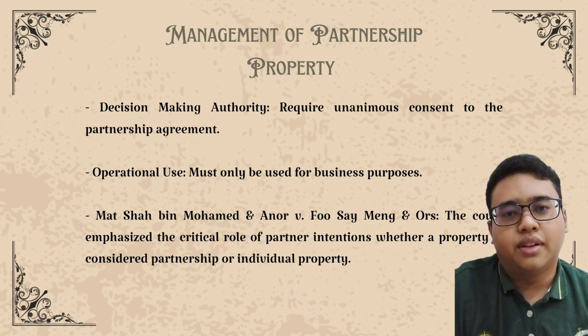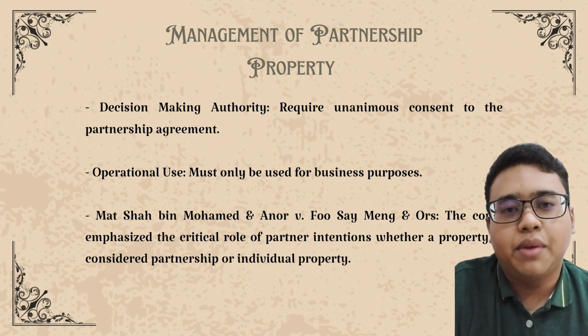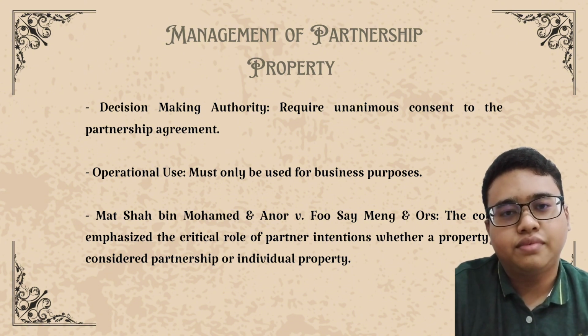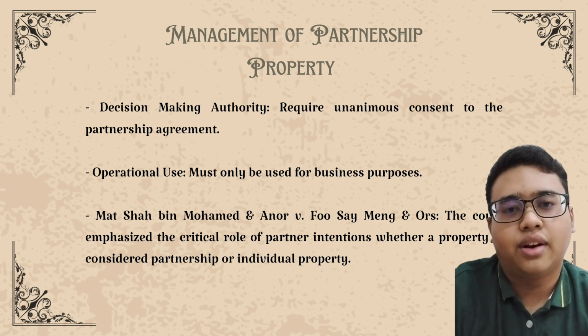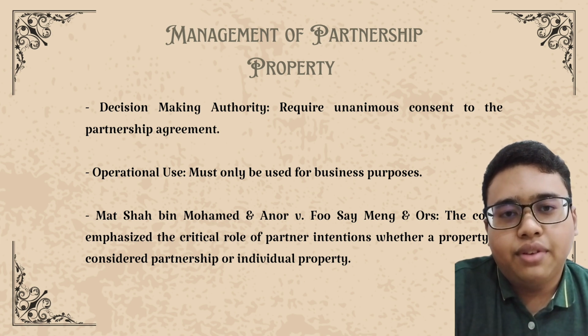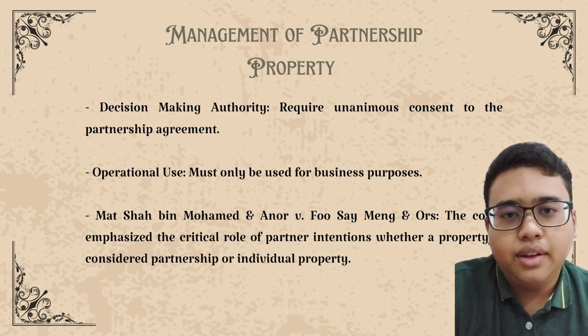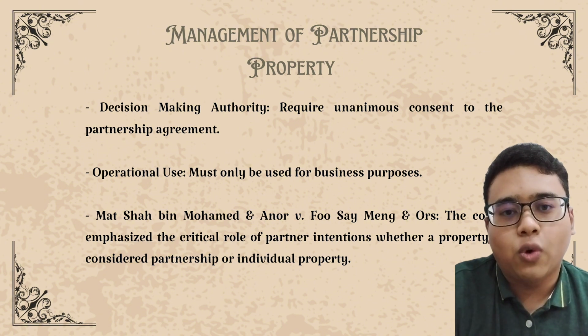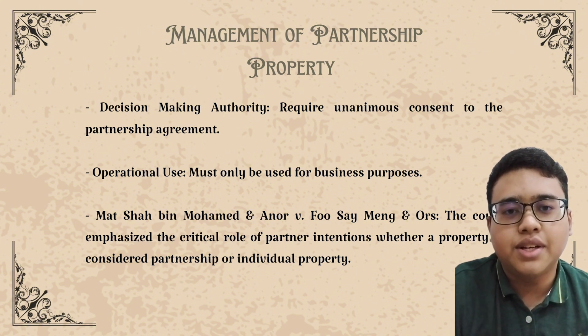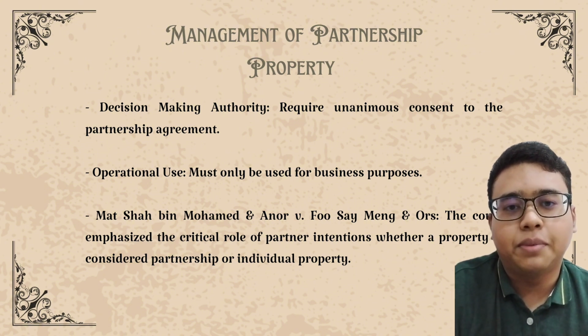Case example: in Mat Shah bin Muhammad Anwar versus Pu Saiming and Ors, the court emphasized the critical role of partner intention in determining whether a property is considered partnership or individual property.